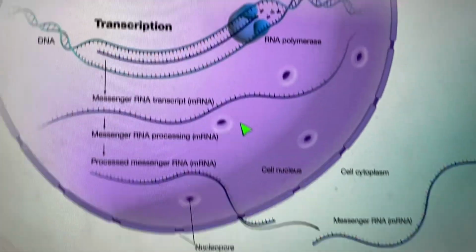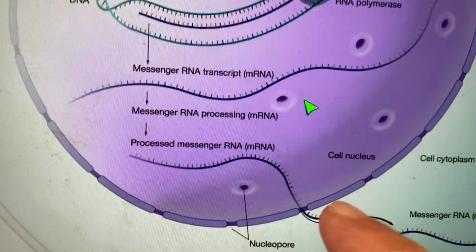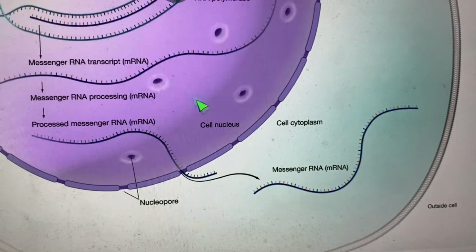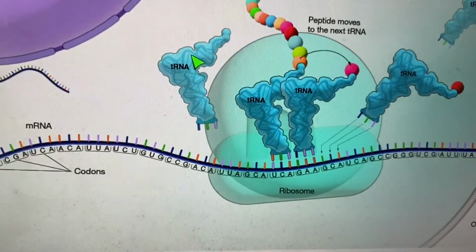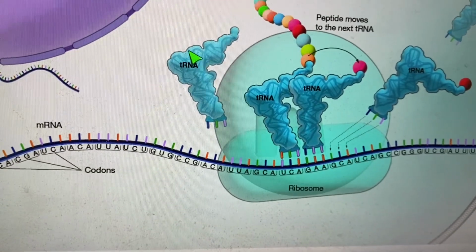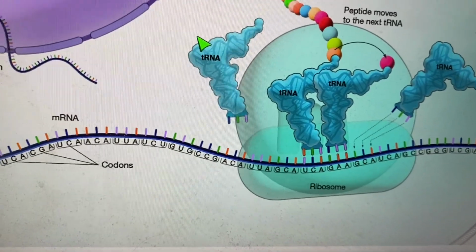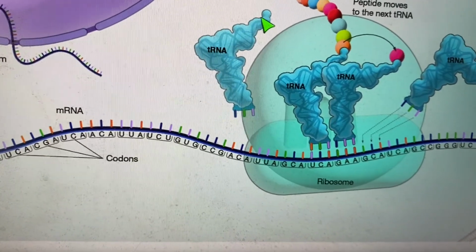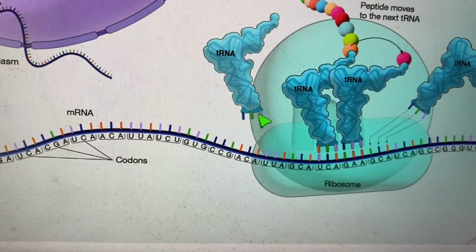That piece of mRNA needs to leave the nucleus. It leaves through a pore in the nuclear membrane, and it floats around in the cytoplasm until it's bound to a ribosome. The ribosome clamps onto a piece of mRNA, and then we read one codon at a time, matching up the codons with what are called anticodons found on tRNA molecules. tRNA molecules bring amino acids, and they also have the anticodon.